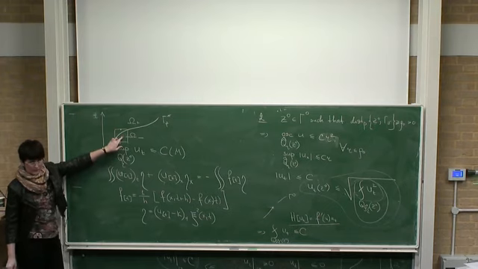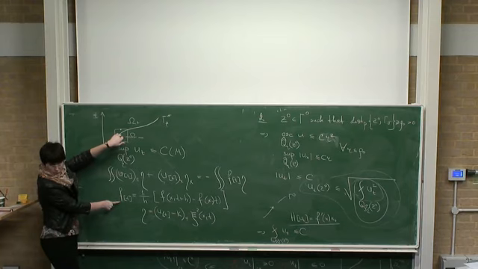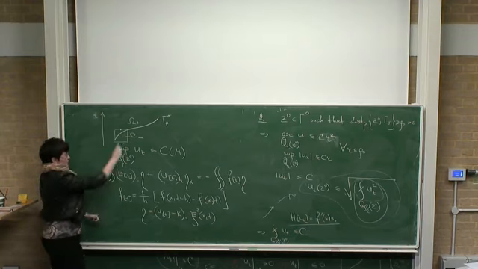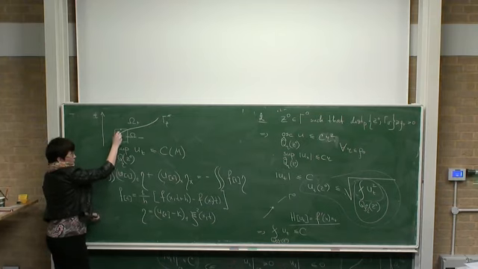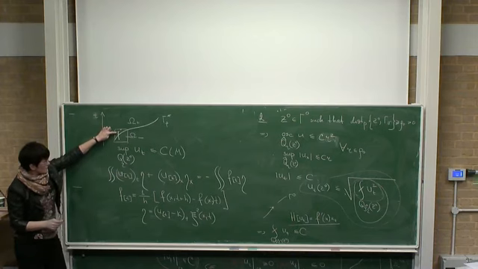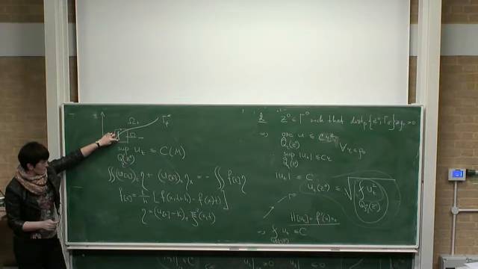If we are here in omega minus, this difference quotient is 0. If we are above in omega plus, it's again 0. What happens if we go across gamma star? Here plus 1, here minus 1.